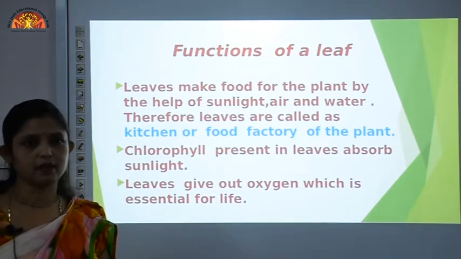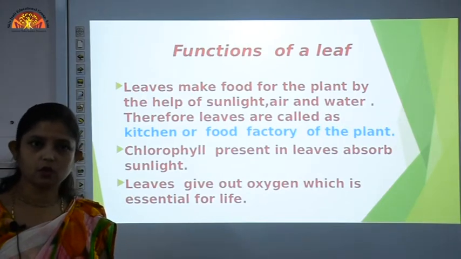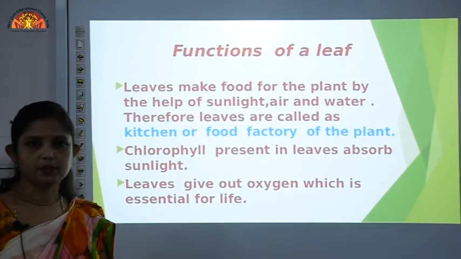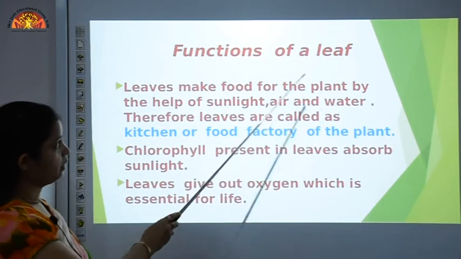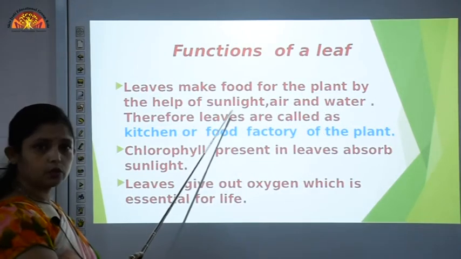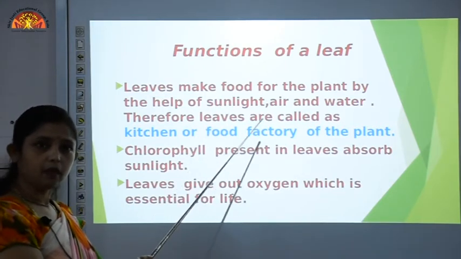So in the similar way, leaf is also called as kitchen of the plant. It is also called as the food factory of the plant. So what happens over here? Leaves take air and water from the environment and sunlight also, because sunlight provides the energy to the leaves to prepare food.